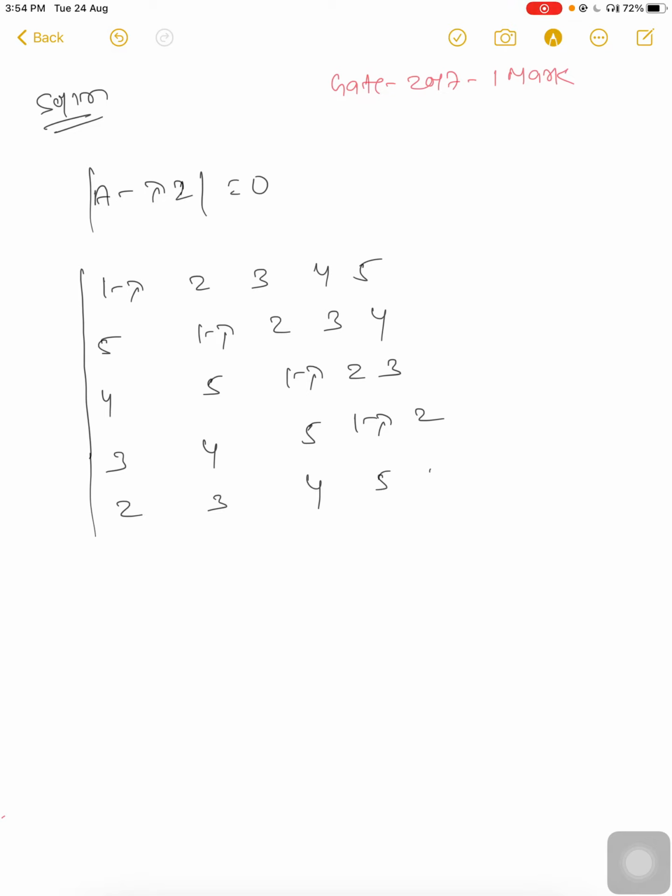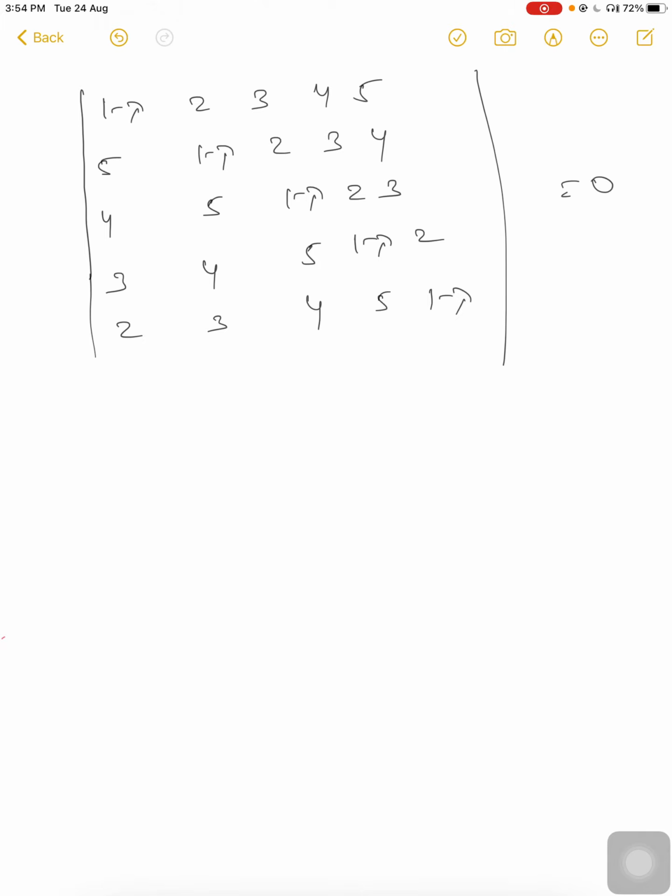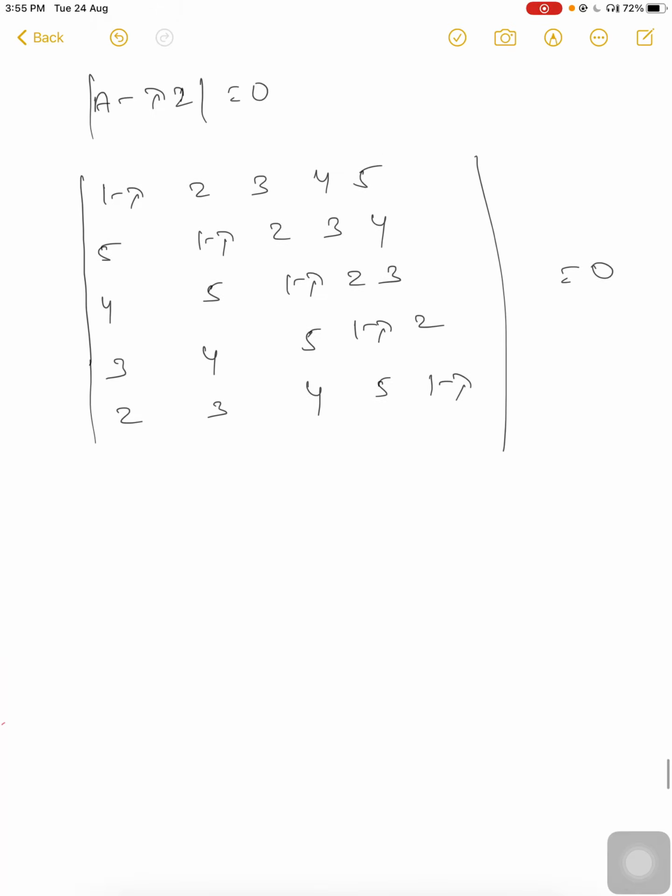Here you will get 2, 3, 4, 5, 1 minus lambda, is equal to 0. Okay, the sum of all elements in every row is the same.